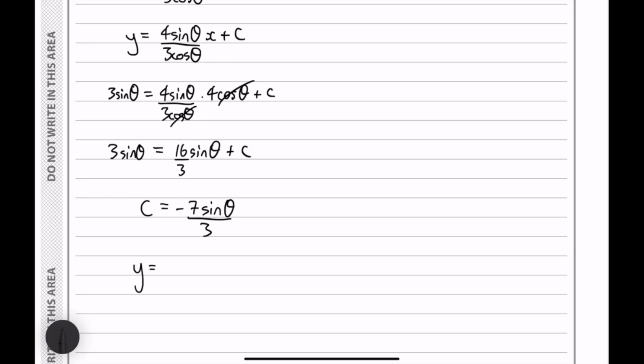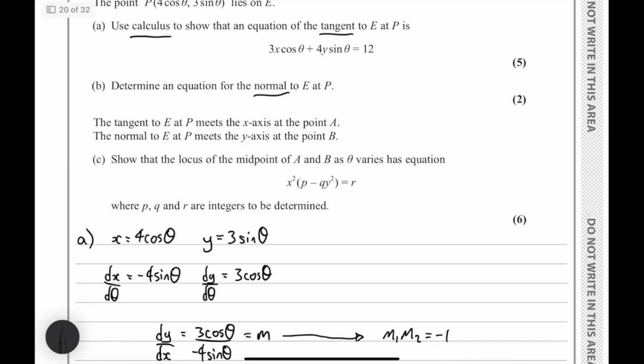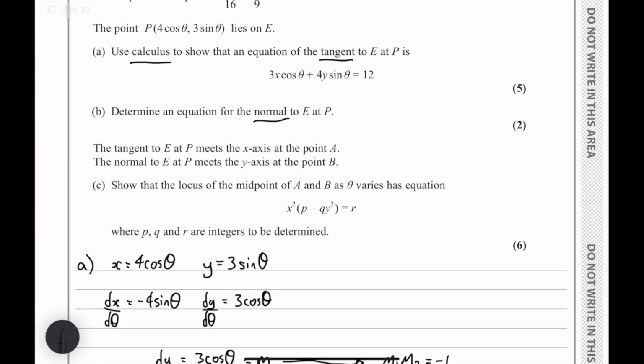So our normal equation is y = 4 sine theta over 3 cos theta x minus 7 sine theta over 3. It didn't give us a particular format to use for that, so I'm not going to bother rearranging. I'll leave it as it is.